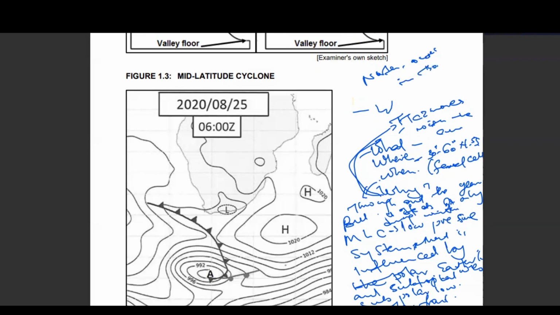Okay? And that means because the MLCs or the anticyclone, they move with the ITCZ, that means it will move also further north in order to move with the ITCZ. And as that happens, that is when it will be affecting South Africa.